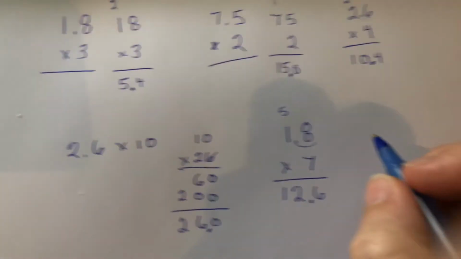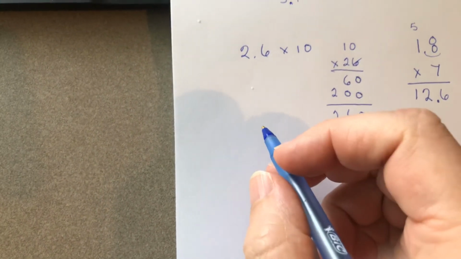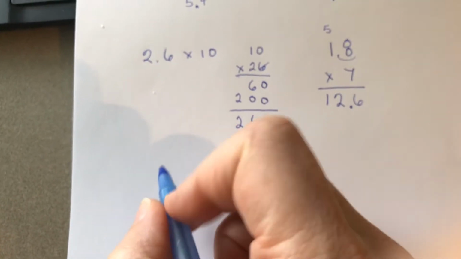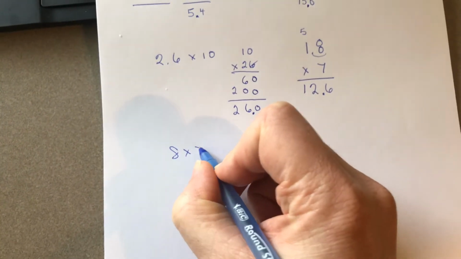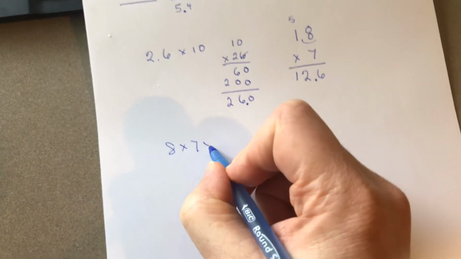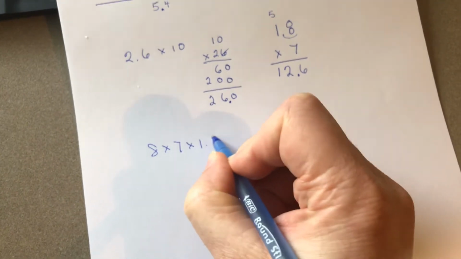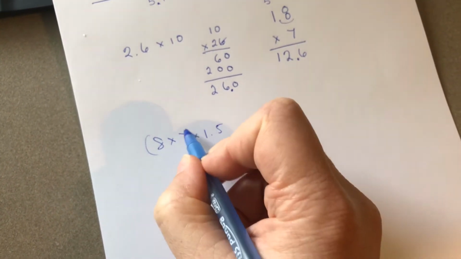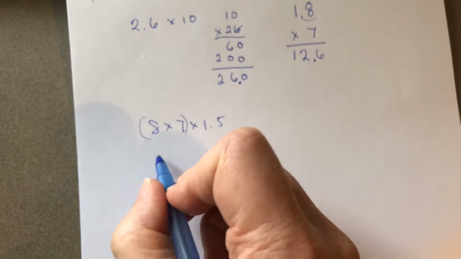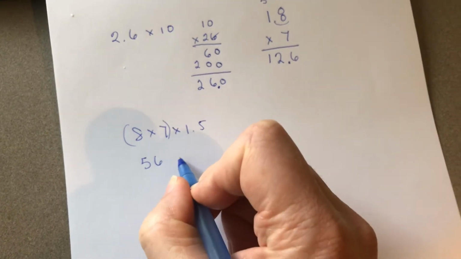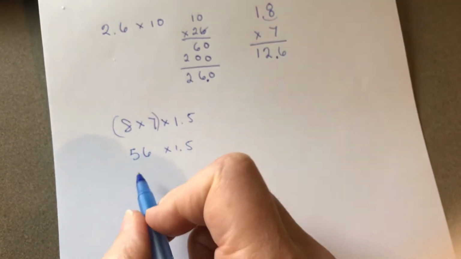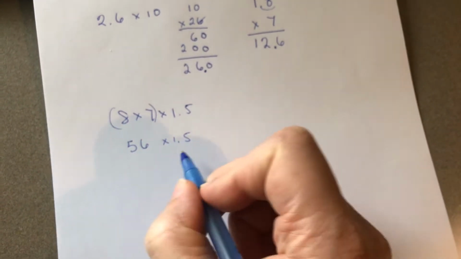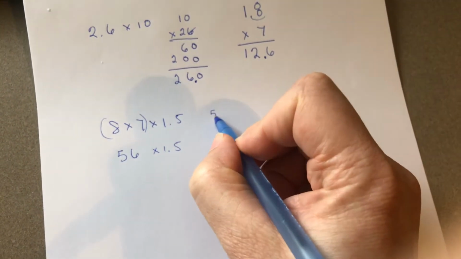So I'm going to do 8 times 7 first. So 8 times 7 is 56, and then 56 times 1.5. Okay, so 56, now right here, 56.